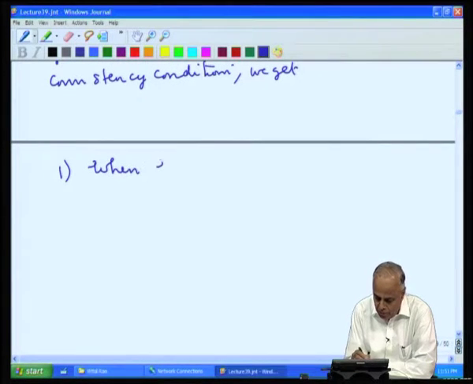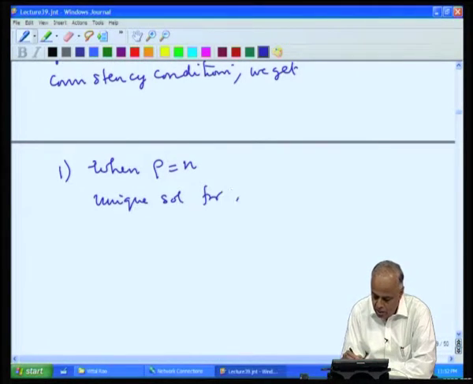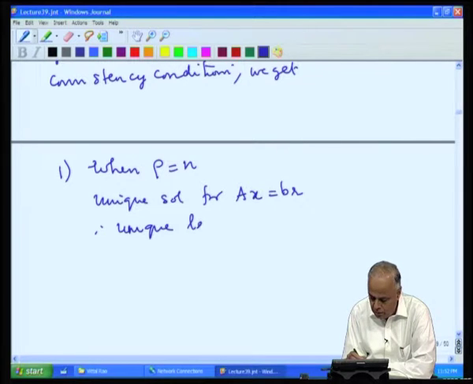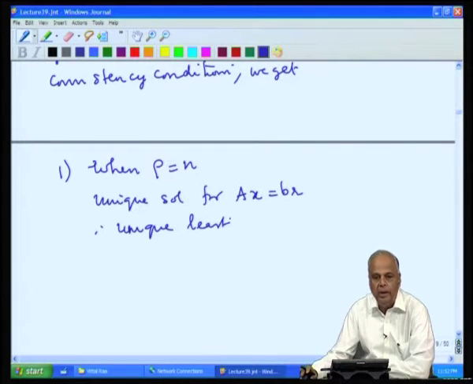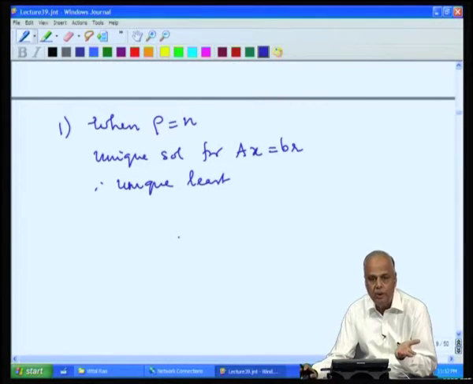When rho equal to n, there is a unique solution for Ax equal to b_r. Therefore, a unique least square solution, because any solution for Ax equal to b_r is a least square solution.